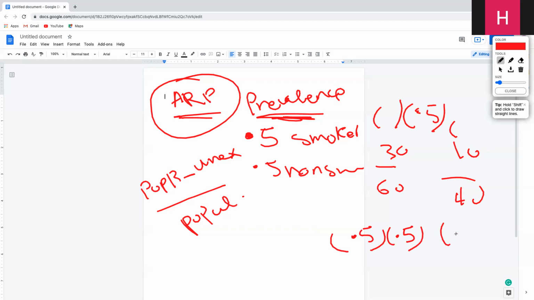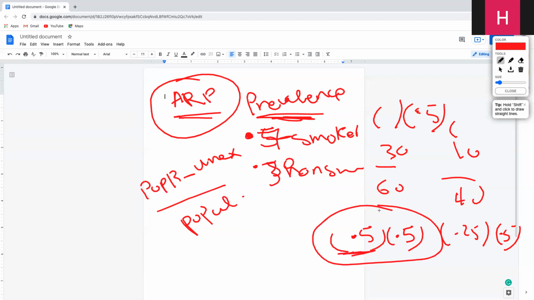And here it was 0.25, so you will multiply it by the prevalence of the non-smokers. If I told you the prevalence of smokers was 70, then the non-smokers will be 30. So you will multiply the risk among the smokers by 0.7, and the risk among the non-smokers by 0.3.